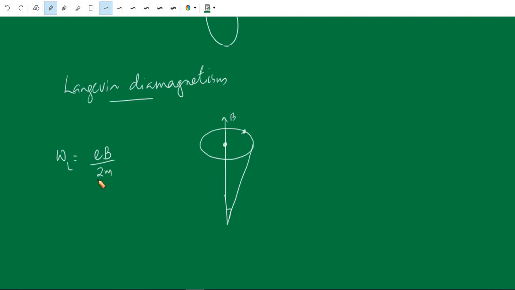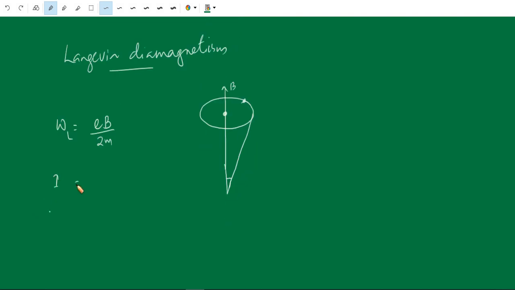Now consider the Larmor precession of Z electrons. There are Z electrons in an atom, where Z is the atomic number. The electric current I is equal to the charge times the number of revolutions per second.